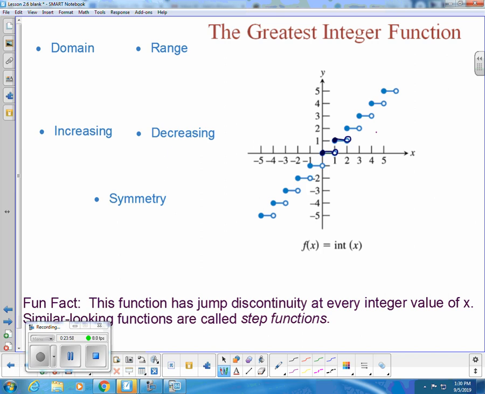The domain, though, can you do that to any number? Positive, negative, 0? There's no restrictions, are there? So your domain is all reals. From left to right, this thing continues. The range, though, is what? What kind of numbers are you getting back? It's in the name.